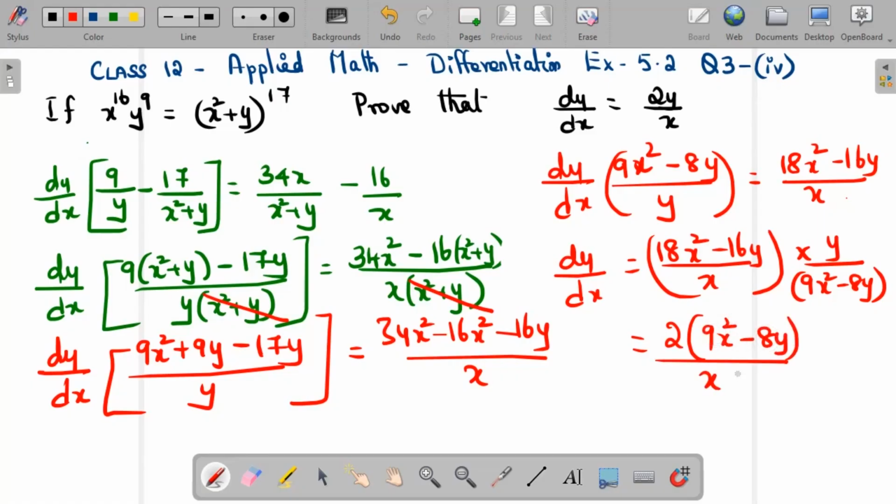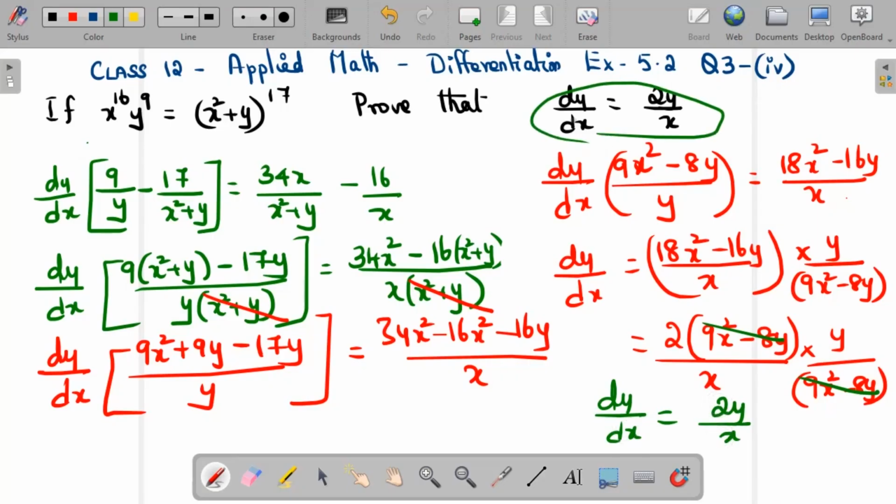The denominator x remains as such. Here is the y, and here again (9x² minus 8y). Now I can cancel this (9x² minus 8y) from the numerator and the denominator. So dy/dx reduces to 2y/x, and that is what we are asked to prove. Hence proved.